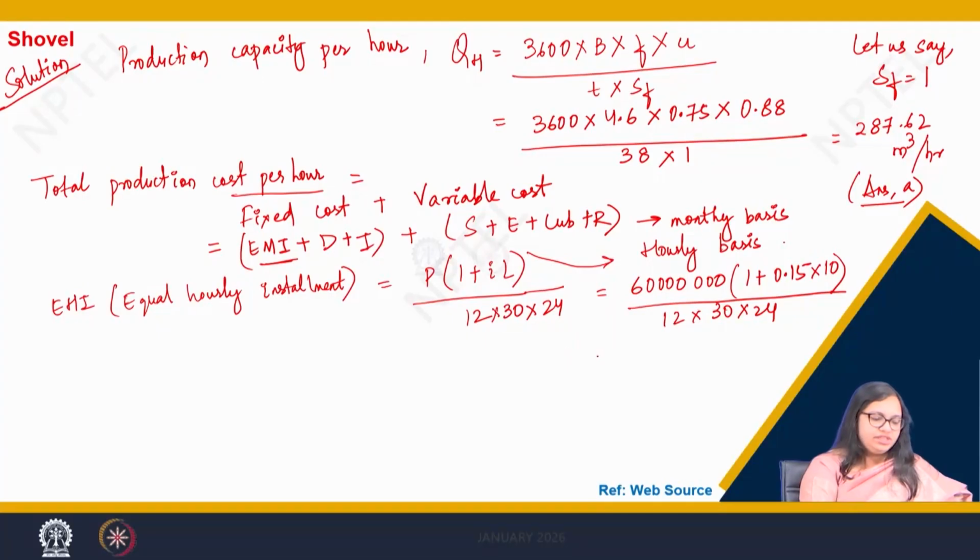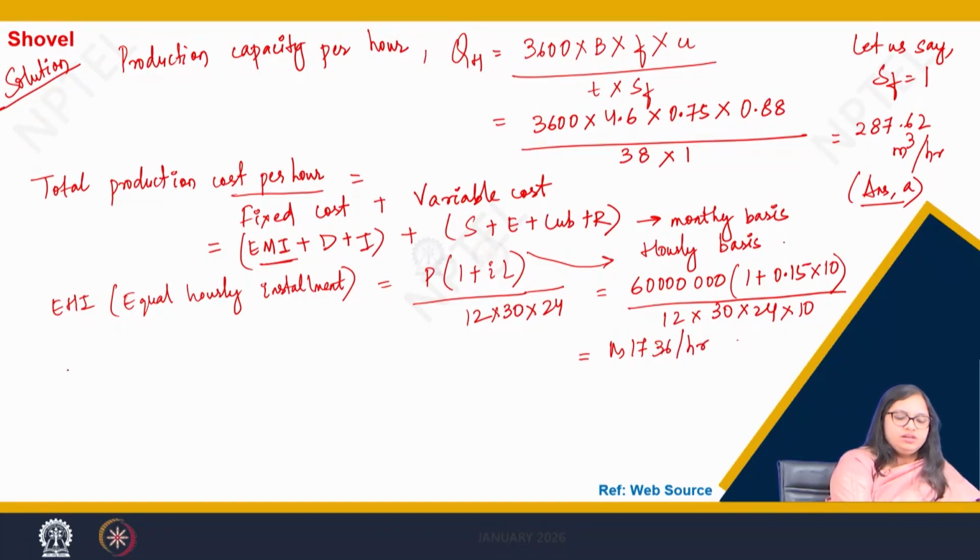And then divided by the number of years again, because this is per month, per day, per hour, and then in how many years? It is 10 years. So, this gives me rupees 1736 per hour.